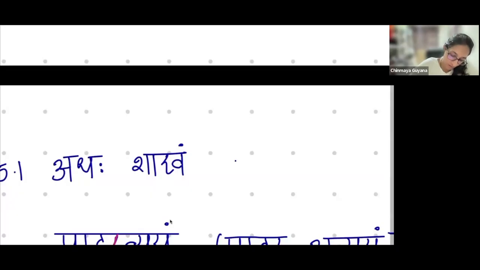Because aha plus sha halant equals, one option is NC. Correct? Adha shakha. So the rule was aha plus shahalant equals NC. And that is why this word is like this.